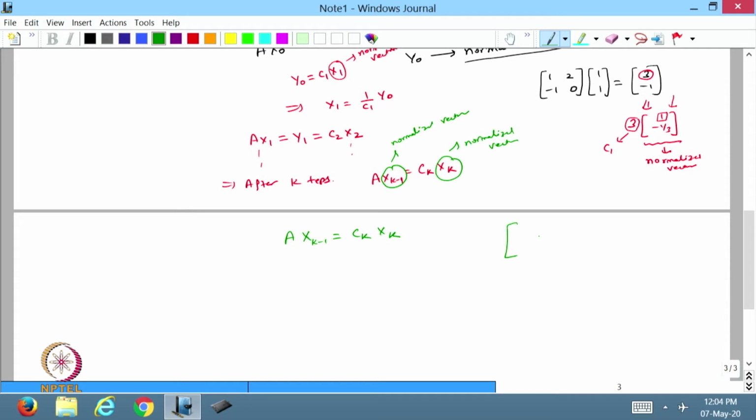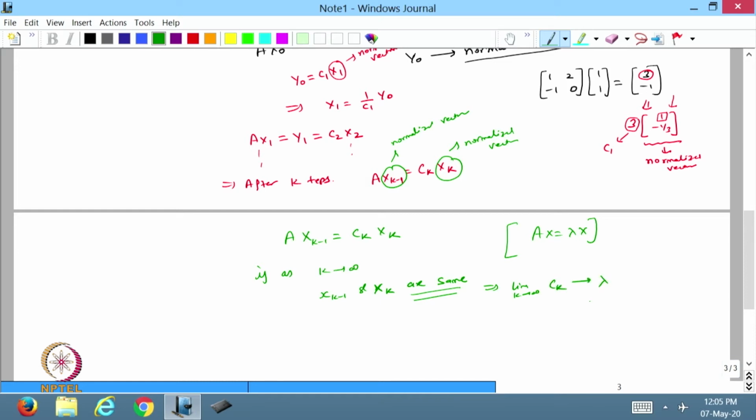Now, if you compare this with Ax = lambda x, you can see that as k tends to infinity, after many iterations, if xk minus 1 and xk are the same, meaning the L2 norm of their difference is less than the required tolerance, then it is almost the same, which implies that the limit as k tends to infinity, ck will tend to lambda.